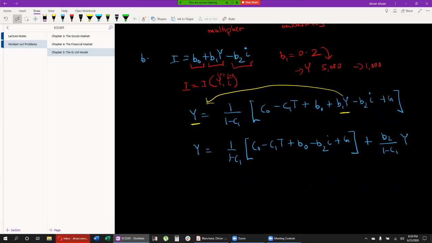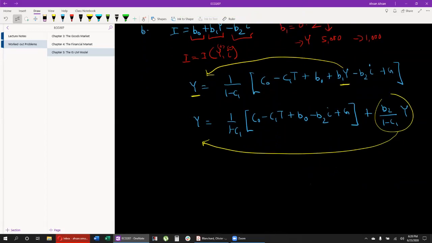Okay, so we take this part here, and that will give us y minus b2 y equals 1 minus c y equals 1 minus c, what we have inside the bracket.